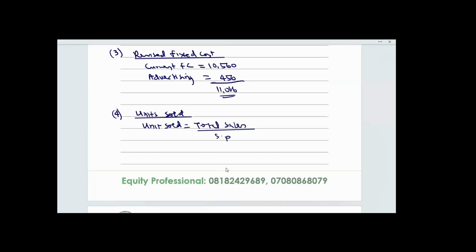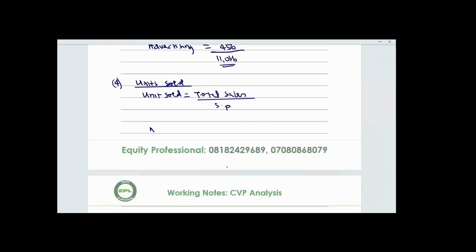So for product A, the total sales of product A is 8,400,000 divided by selling price. The current selling price of product A is 120 naira. Therefore, 8.4 million divided by 120 naira. That's 70,000 units.